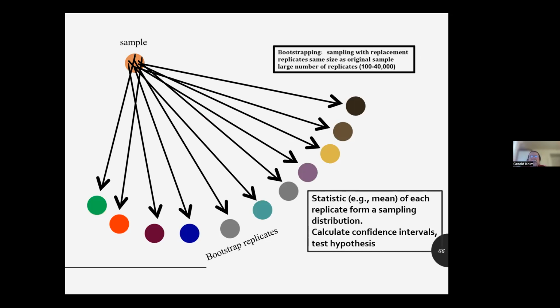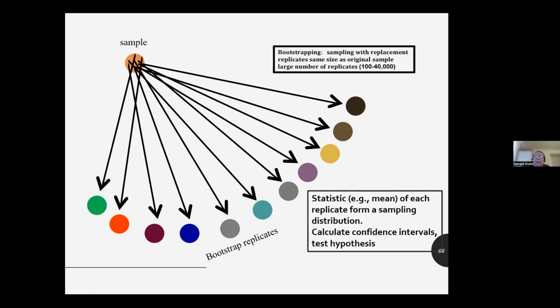So this is the idea of the Bootstrap. We call it sampling with replacement. You have your sample over here, again, not your population, but your sample. You randomly sample that many times with replacement, and each sample is the same size as your original sample. So if this is, say, 100 patients in your sample, then each Bootstrap replicate has 100 patients in it, although some of them might be the same patient.